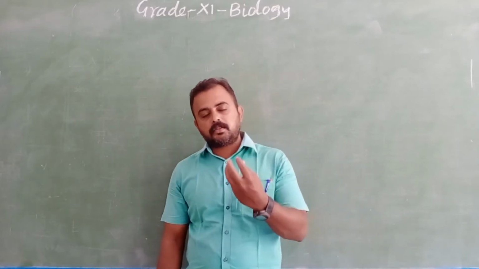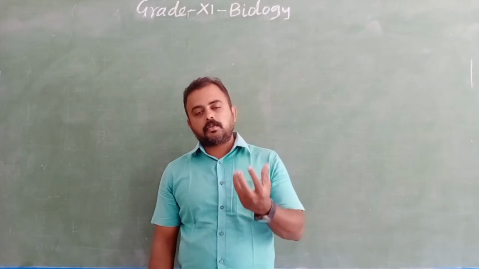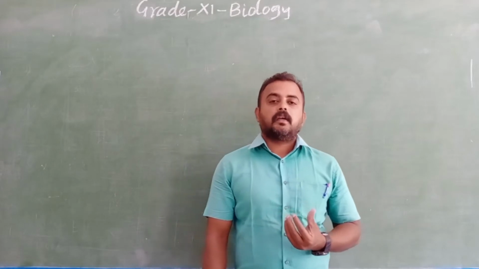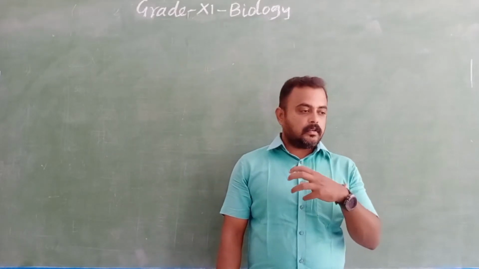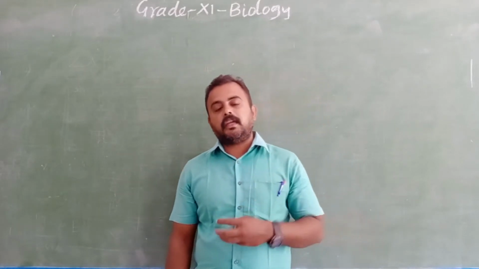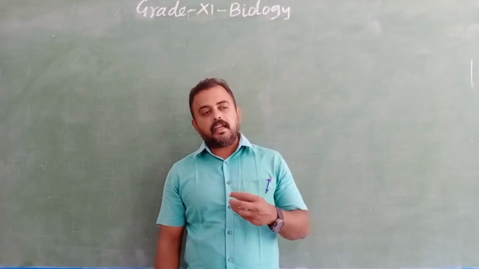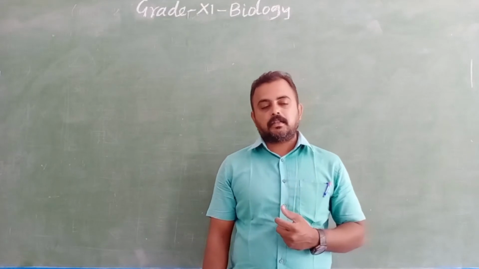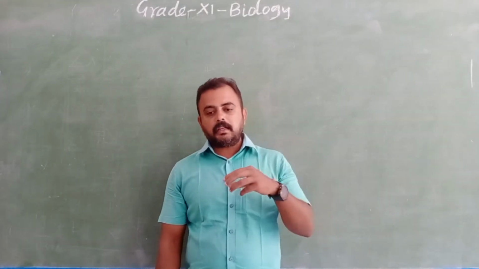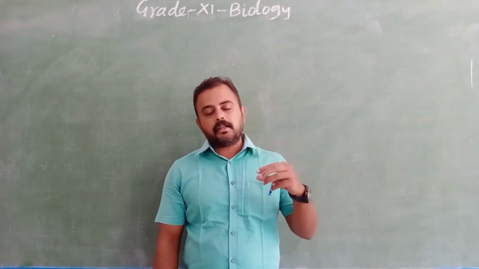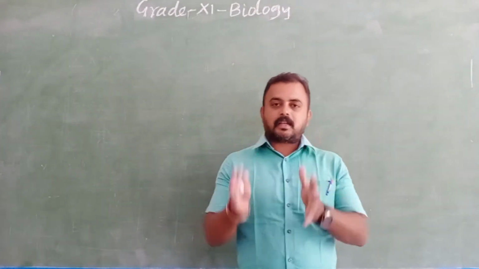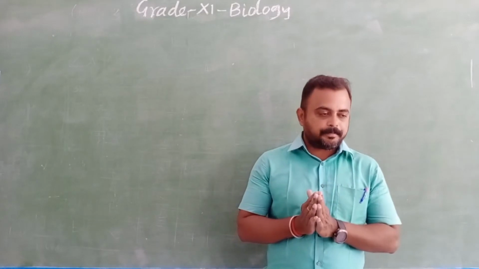Then the message passed into the cell body belongs to the axon. At the neuron end, the synaptic knob is present, through which the impulse moves from one neuron to another neuron.